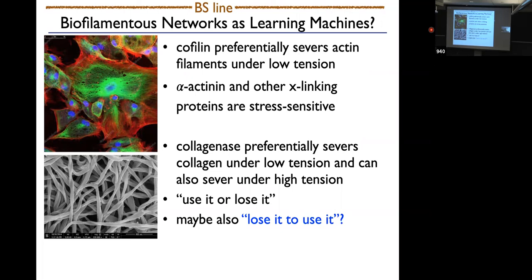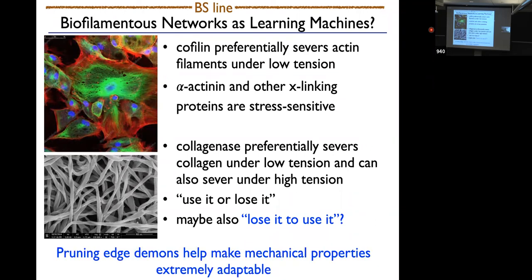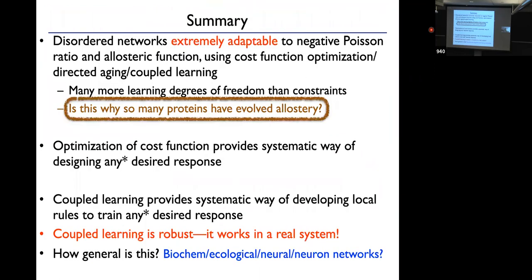Same thing with collagen, which makes up our extracellular matrix. And then, as I told you, in a protein-sized object we can tune hundreds of sites to have allostery. But you don't ever see more than a few sites that are allosteric. At most, usually just one.